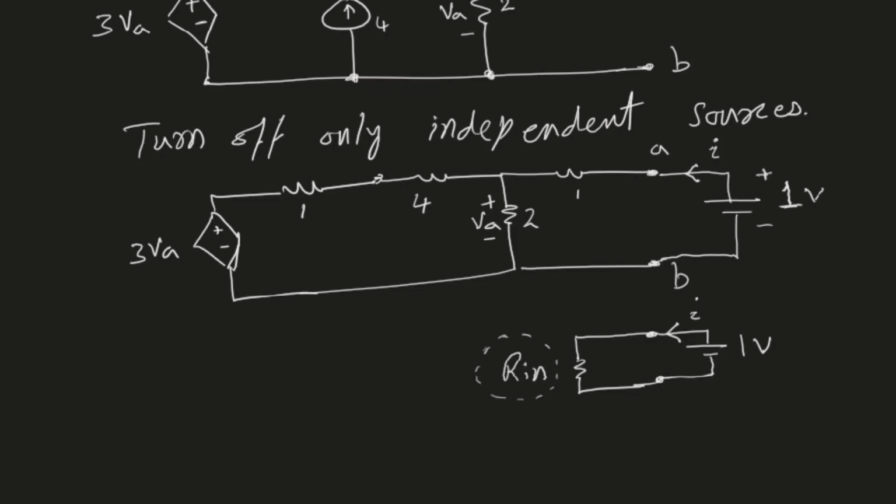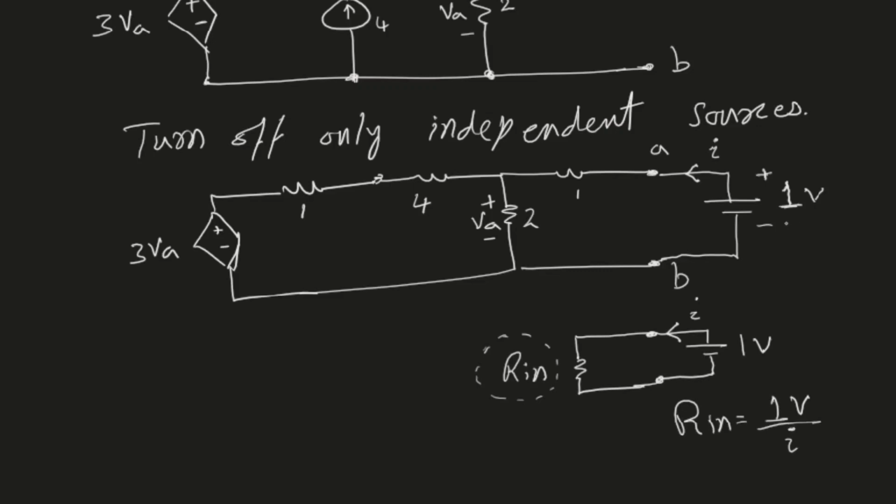All right, so that's the plan. We are going to apply a voltage source, measure or calculate the current, and based on these two values, I can calculate Rin. Rin will be equal to the voltage drop across Rin, which is 1 volt, divided by the current I. So this way we can find Rin.